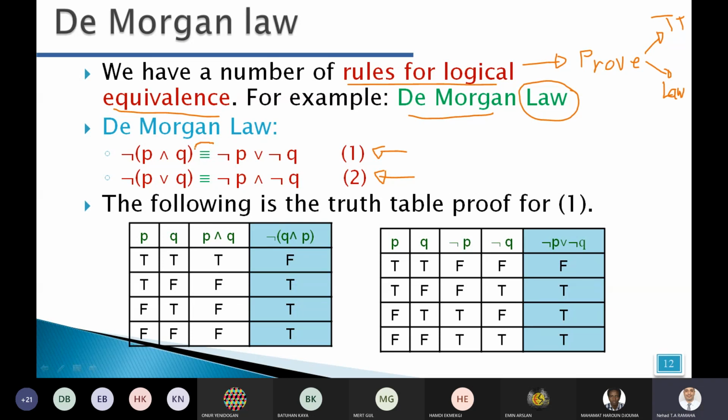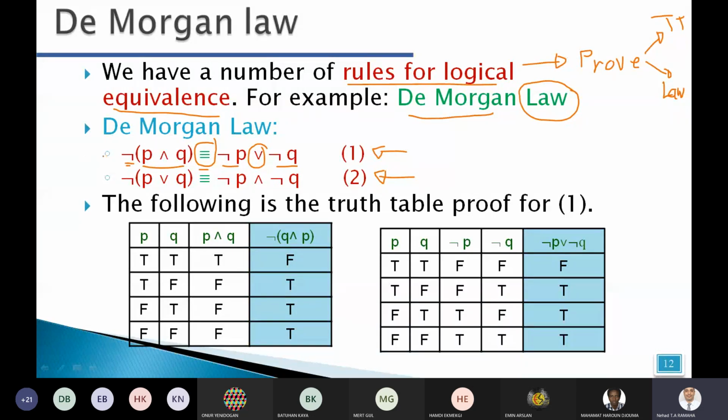Of course, this is the symbol for logical equivalence. Okay, this law says that not (P and Q) is logically equivalent to not P or not Q.